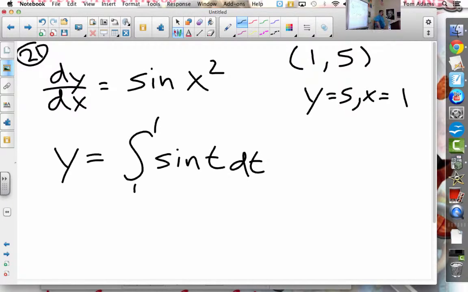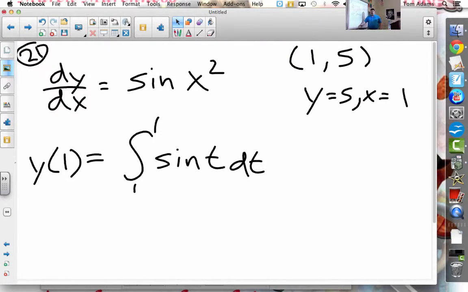Now we know that when the upper limit and the lower limit are equal, the area under the curve equals 0. So essentially what we're solving for is what is y of 1? Well, y of 1 is supposed to equal 5.